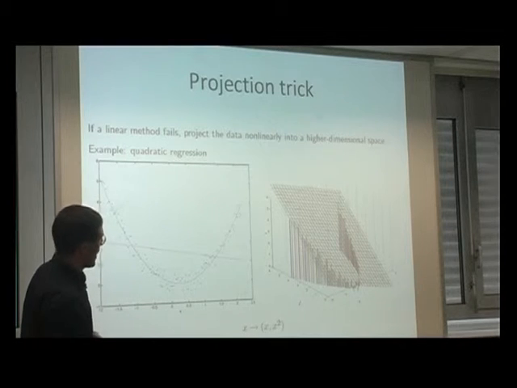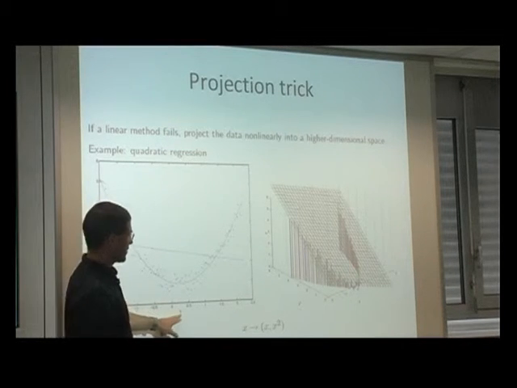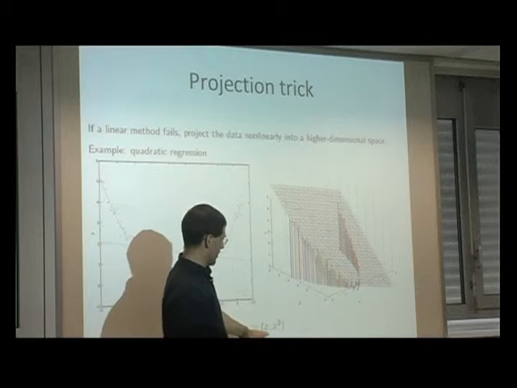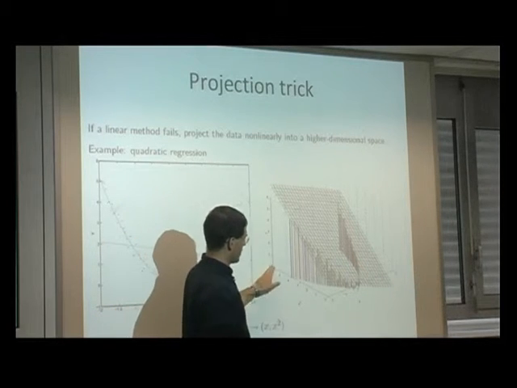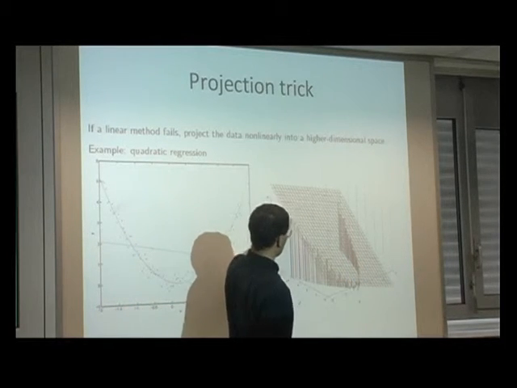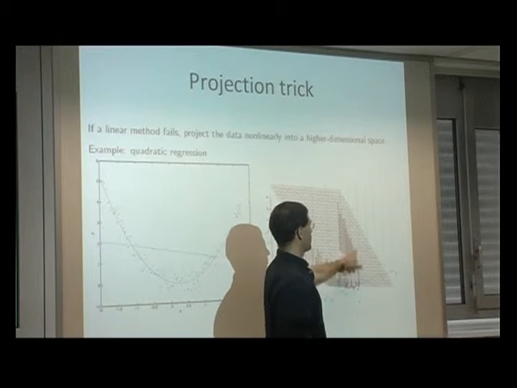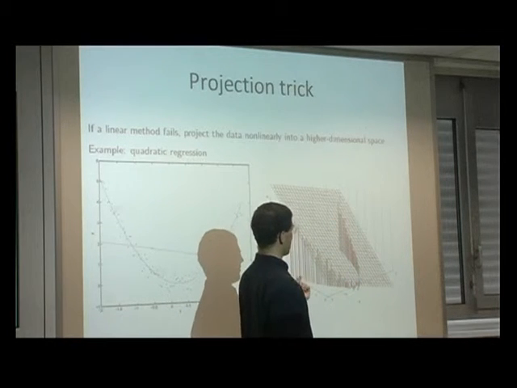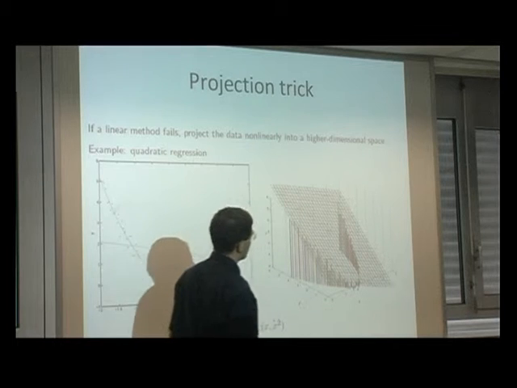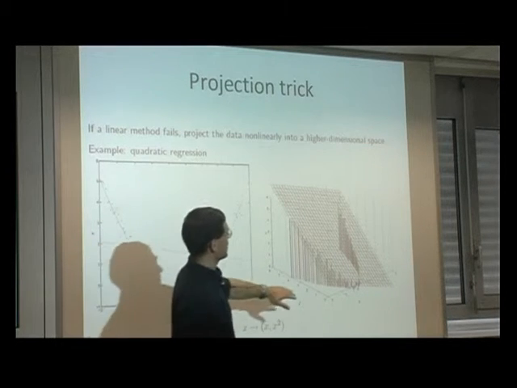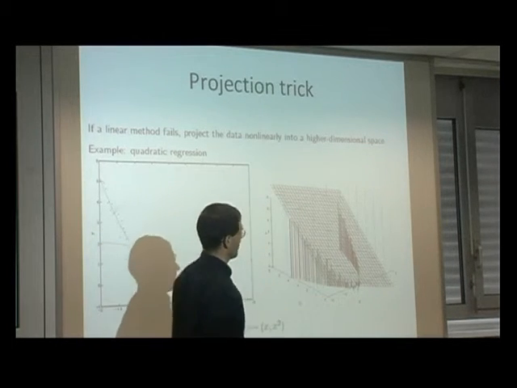Now, if I map my original observations x to a higher dimensional space spanned by x and x squared, this is what you see here. These are the original observations, and I've shown their position above the plane by this stem plot. I can now fit these points with a plane.